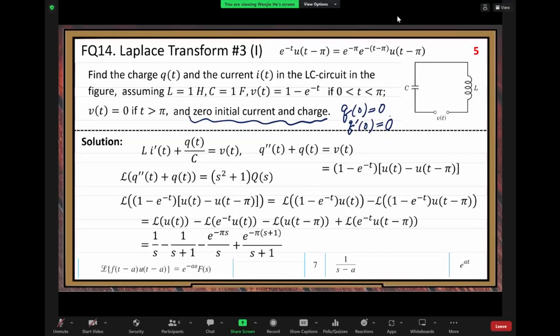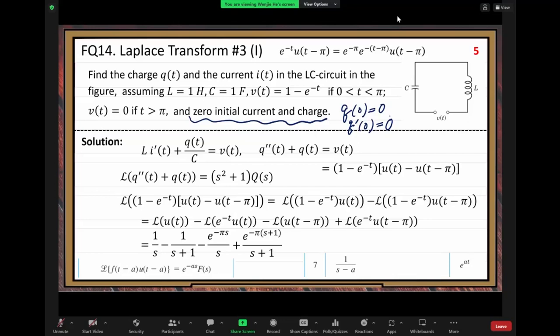Before you apply the formula, let's make that t minus pi in parentheses here, the same shift, but you need to multiply by e to the negative pi as an offset to keep it balanced. Before you apply the formula, you need to do this transformation.